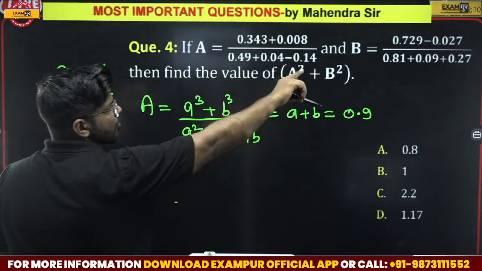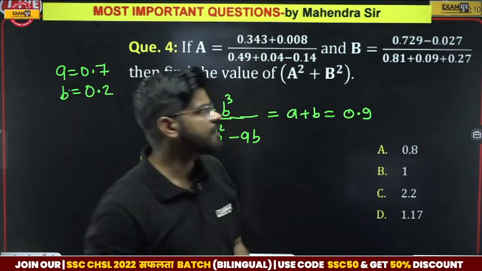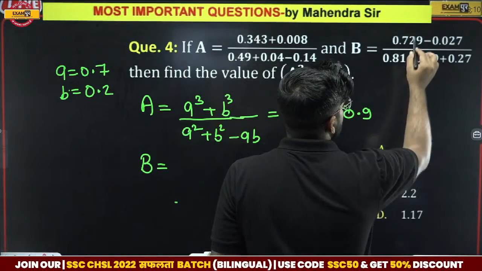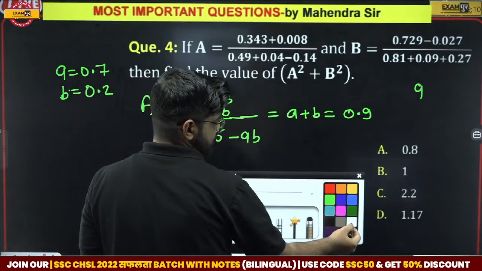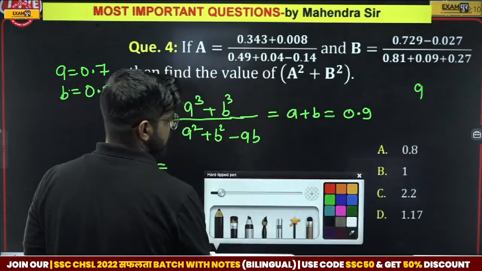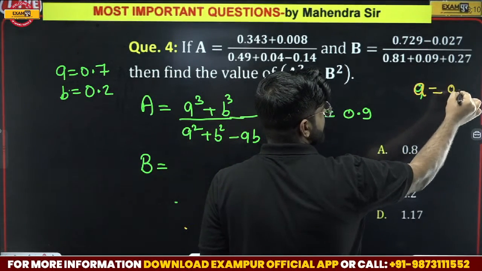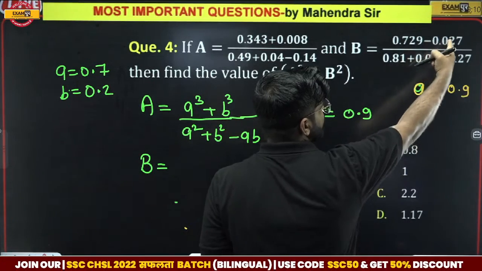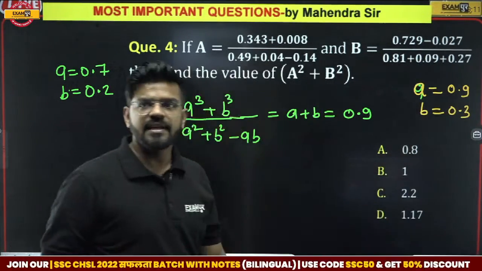Now we are going to talk about b. So you can see that here, let me change the color. Okay, yellow color. So here a is 0.9, and b is 0.3, because I know the cubes, so I can define that.